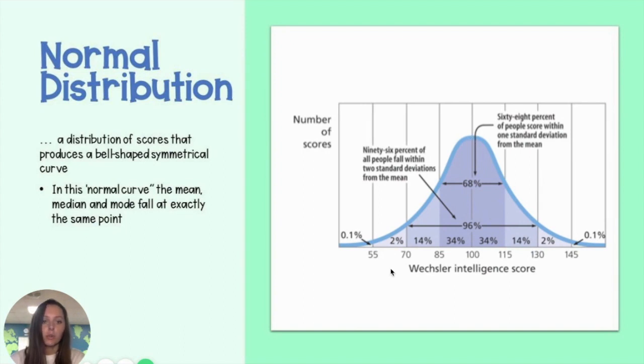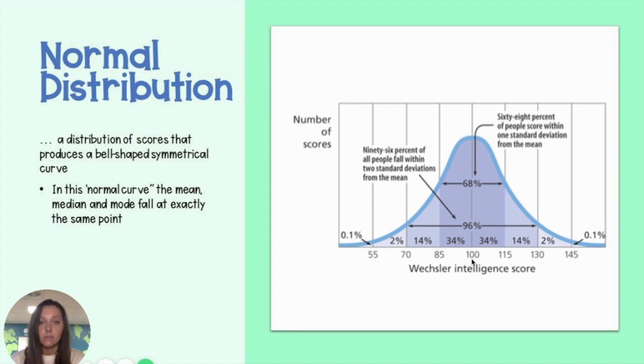So let's look at the normal curve right here. This is for an intelligence test, and it looks like the mean is going to be 100, and you have standard deviations above and below the mean. Our first standard deviation above is going to be this 115, and our first standard deviation below is going to be 85. Well, how far away is 115 from 100?